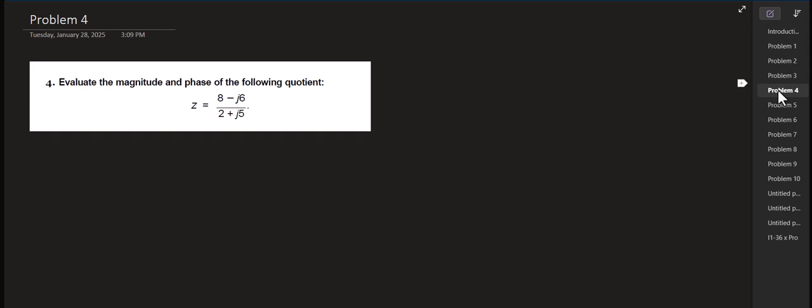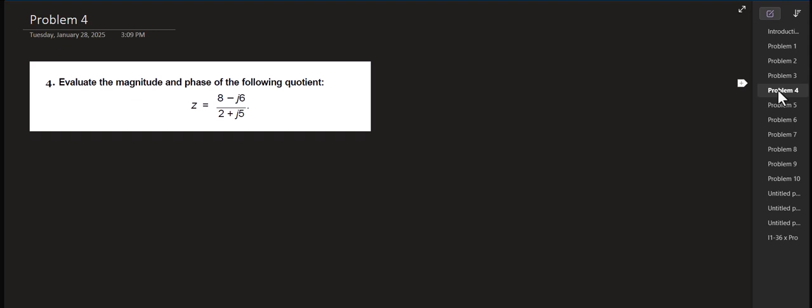So there are different ways of doing this. One way is I could change the top to polar and the bottom to polar, and then I could combine. This is where I mess up because I'm going to do it different than I did in my notes. I can't help it.